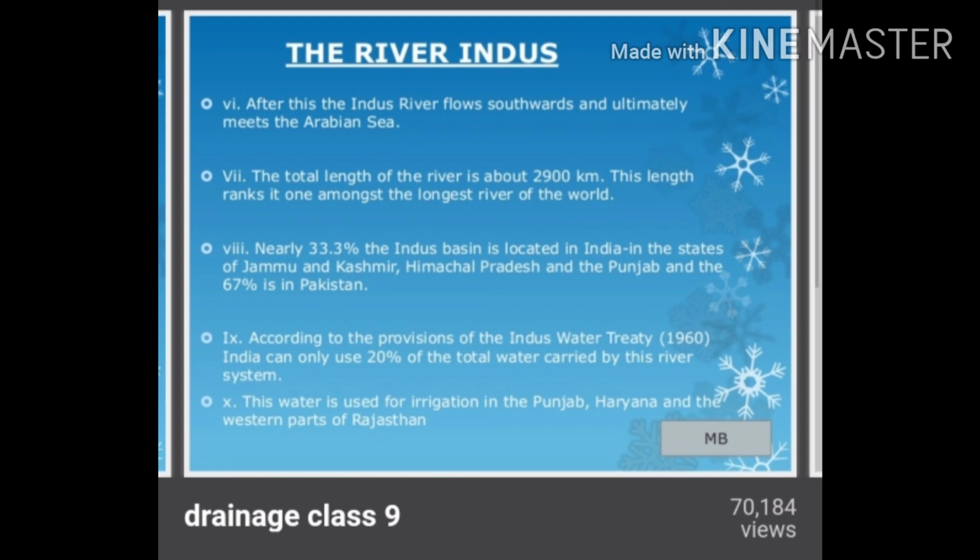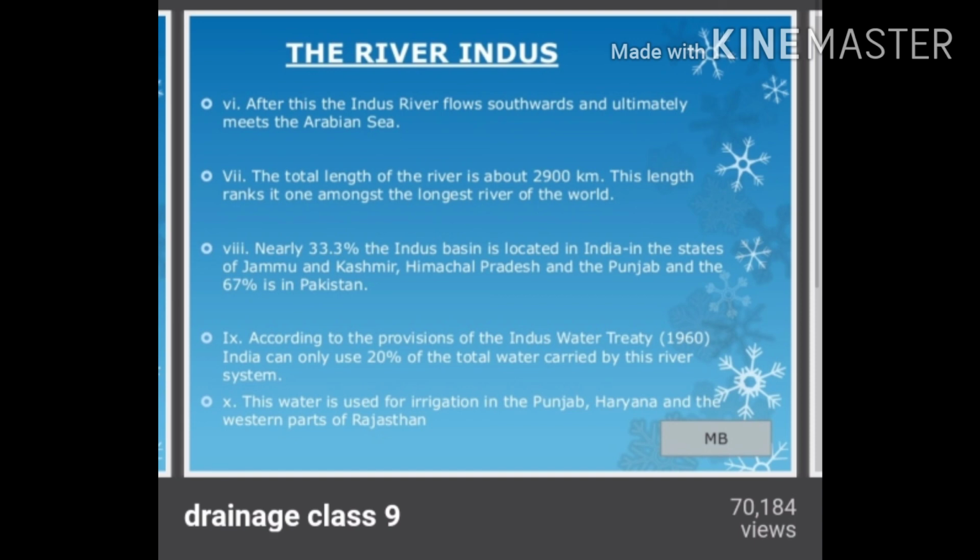According to the provisions of the Indus Water Treaty, which was signed in 1960 between India and Pakistan, India can only use 20% of the total water carried by this river system. This water is used for irrigation in Punjab, Haryana and the western parts of Rajasthan.